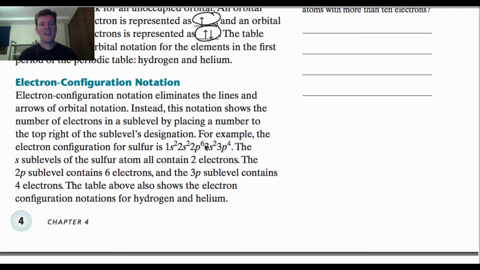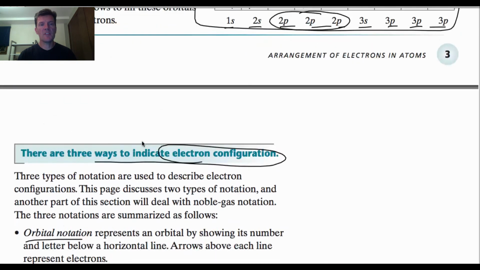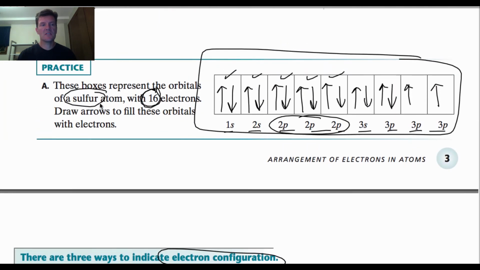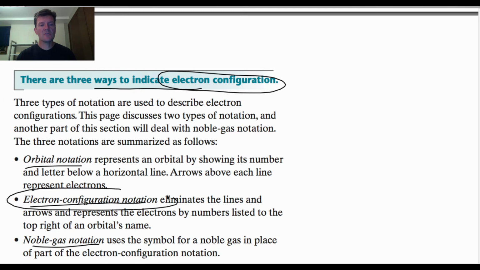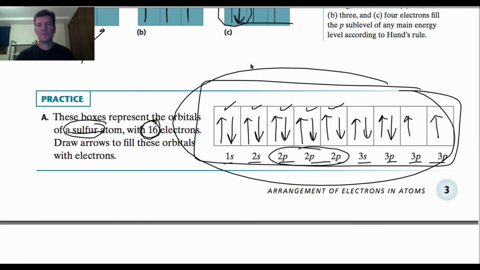So if I have, for example, sulfur, and remember from back up here, let's just look at this. This is sulfur. If I was to take this right here and write it as electron configuration notation, here's what it would be. It would be 1s2. That's this one right here. 2s2, 2p6.